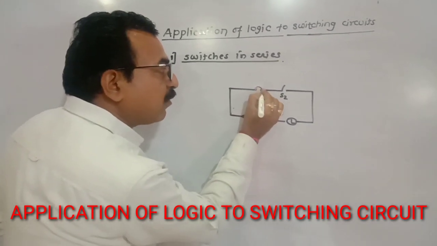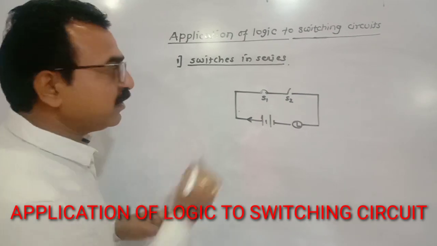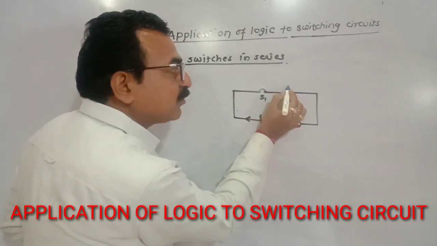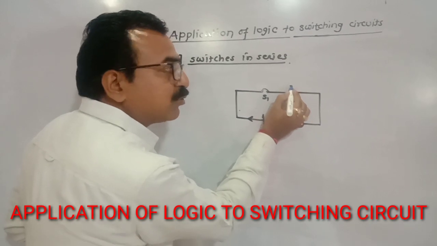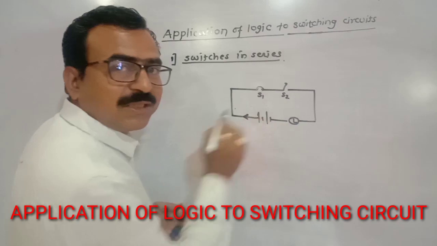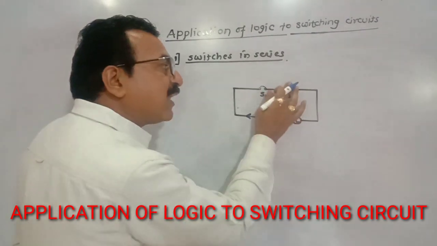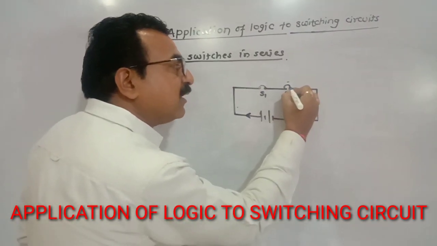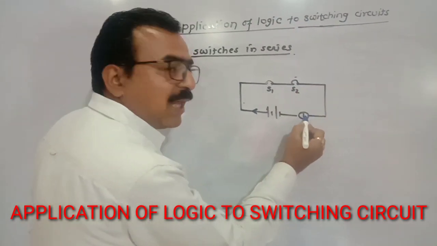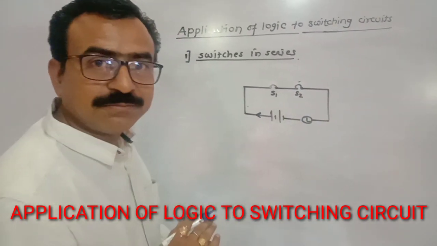Because of closing this first switch, the circuit will be completed and the current passes to this point. But here also the circuit is broken, and because of that it cannot pass toward the lamp. So when the second switch is closed, then the circuit will be completed and the current passes toward the lamp and the lamp will be lit.